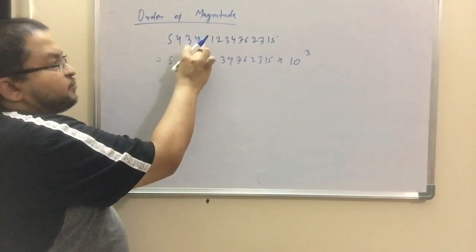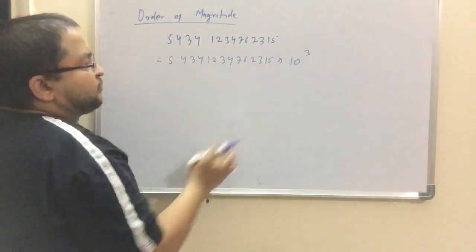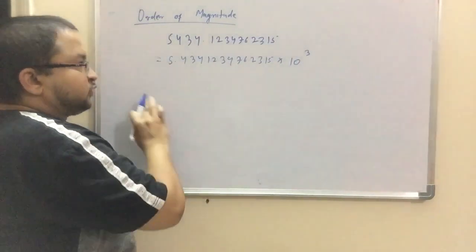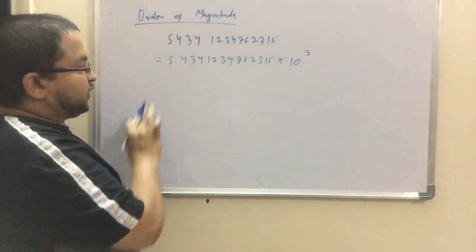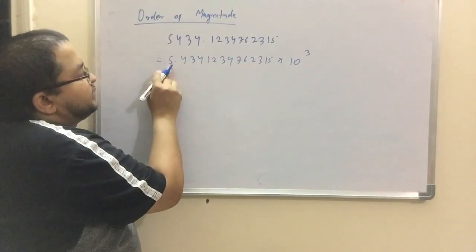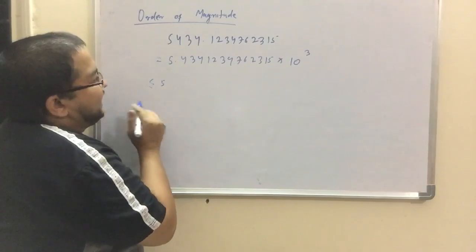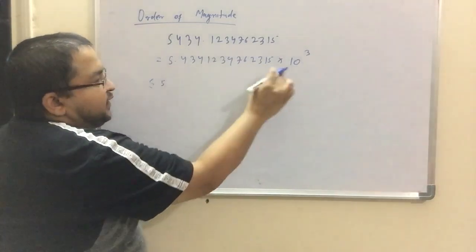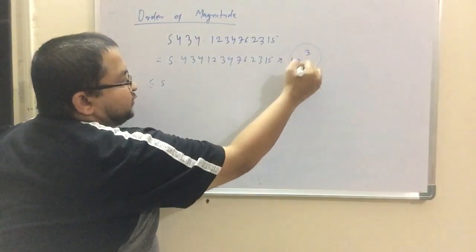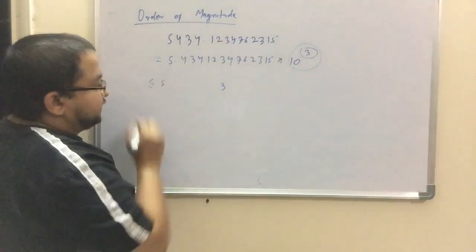So I have moved the decimal by 3 digits, and that's why I put 10 to the power 3. Now the order of magnitude of this one, the way we define it is, if this number is less than or equal to 5, then we say that the order of magnitude is whatever is here, so it would be 3. So order of magnitude here would be 3.